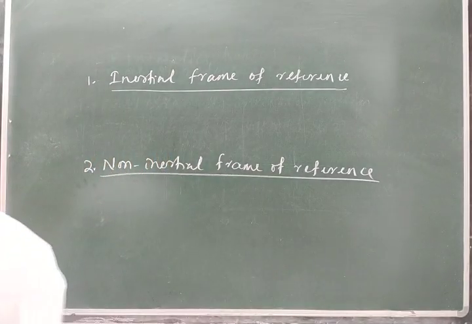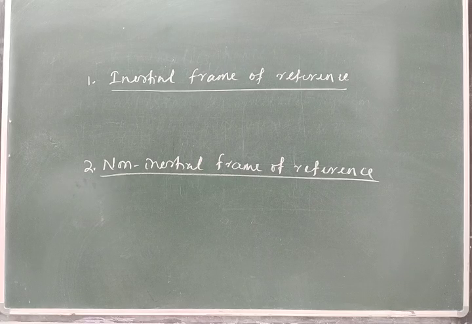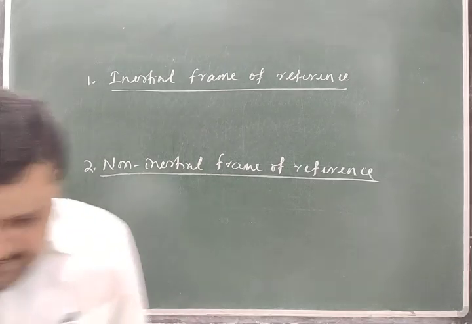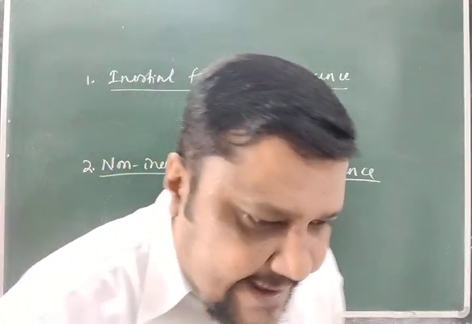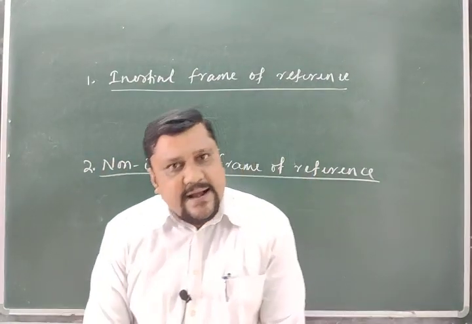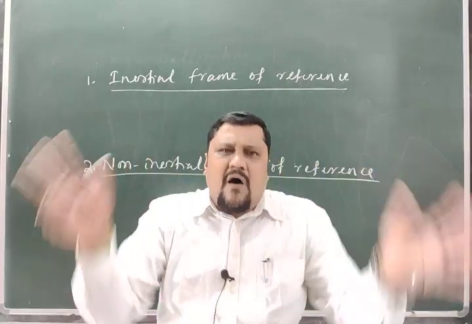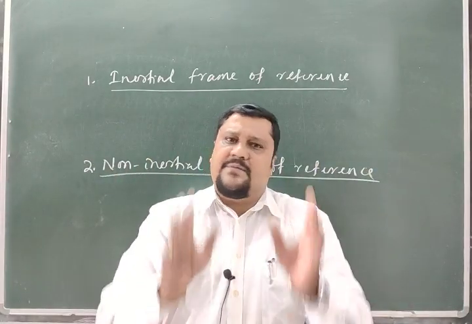So what is this inertial frame of reference? Now try to understand this inertia. Any frame of reference which is either at rest, means I am a frame of reference, I am at the origin of an xyz coordinate system. Think like that.